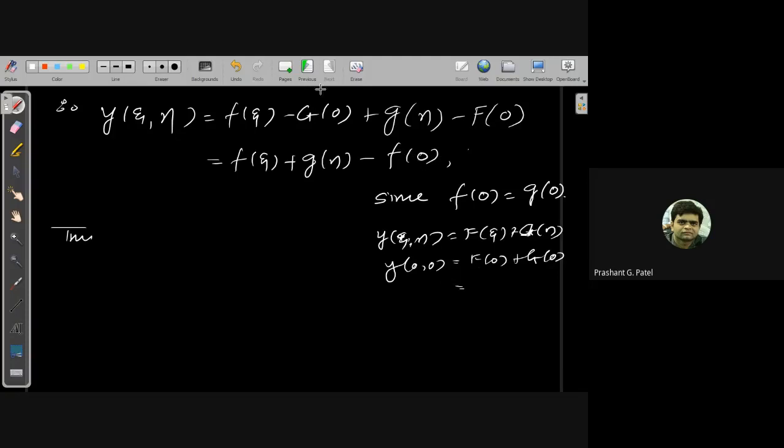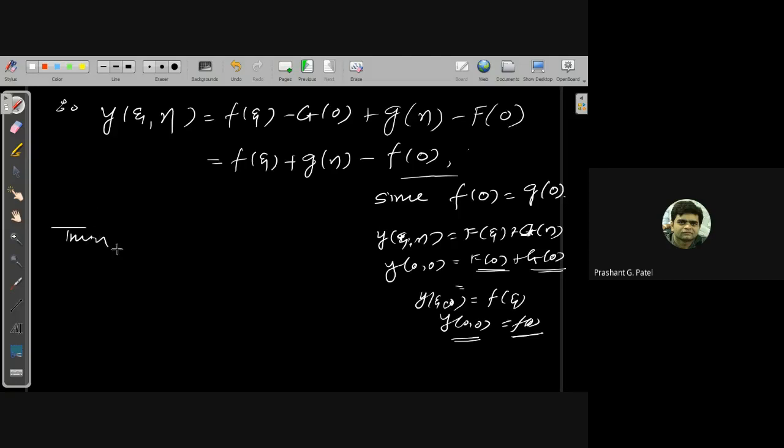Y of 0, 0, as per the given condition that y of xi, 0 is f of xi, if I put xi as 0, gives me y of 0, 0, that is f of 0. So that's why y of 0, 0 is F of 0 plus g of 0, and that is exactly the small f of 0. So that's what I have substituted here.